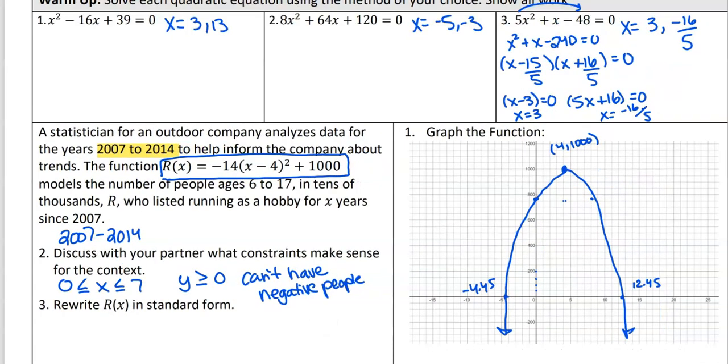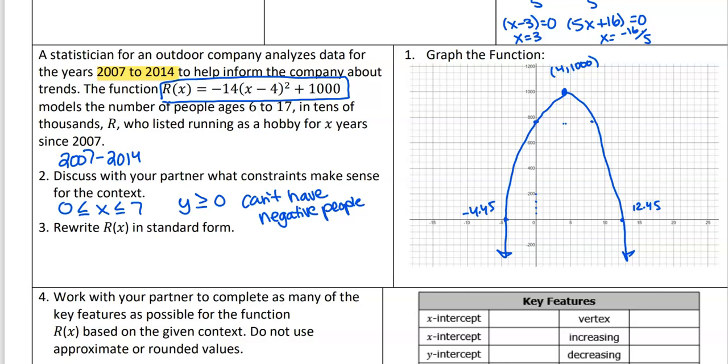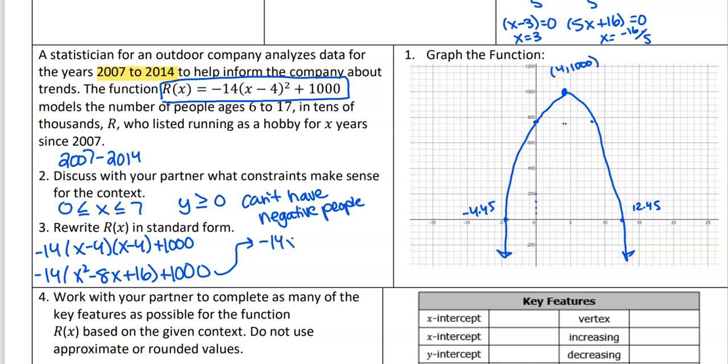Number 3, rewrite R of x in standard form. How could we do that? We can expand this out, distribute, and combine like terms. We've done this before. So negative 14 times (x minus 4) times (x minus 4) plus 1,000. FOIL those together. We get x squared minus 8x plus 16, plus 1,000. We have 2 more steps. Distribute that negative 14 all the way through. So we have negative 14x squared.